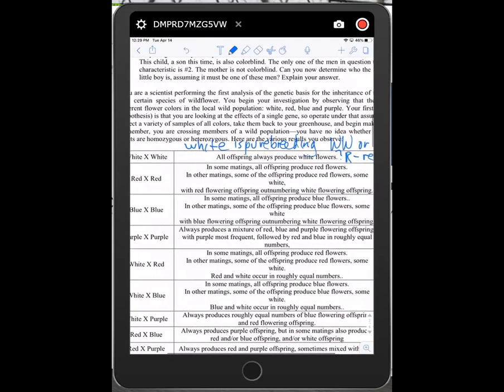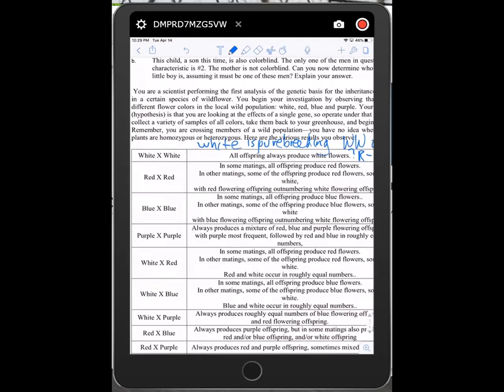So let's look at some more. Red crossed with red. In some matings, it produces all red flowers. In other matings, some of them produce red and some of them white. Ooh, here's a clue about dominant or recessive. Which one is dominant here? We know red is dominant. Dominant, red.